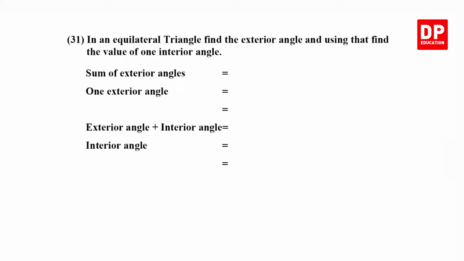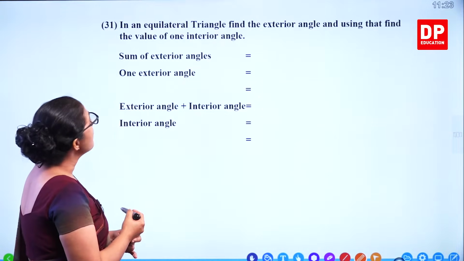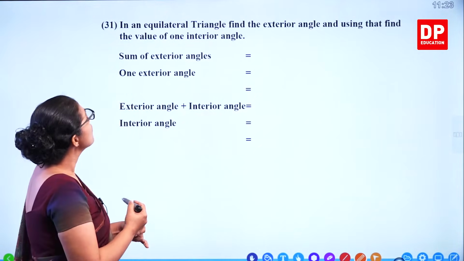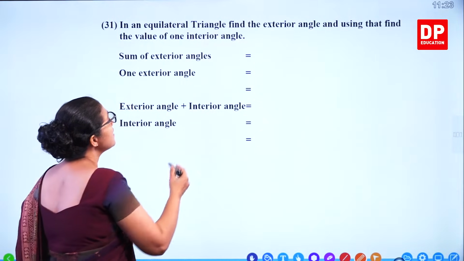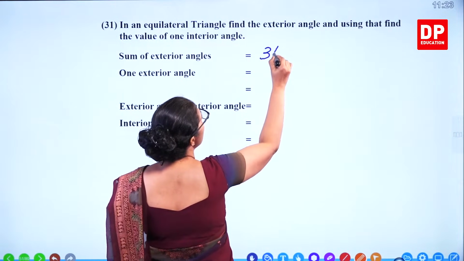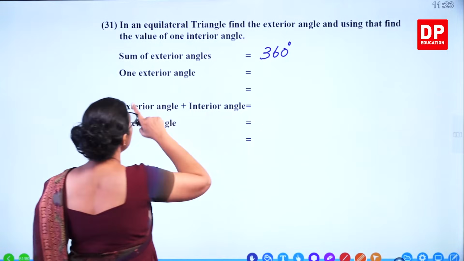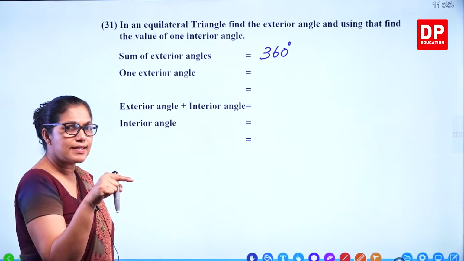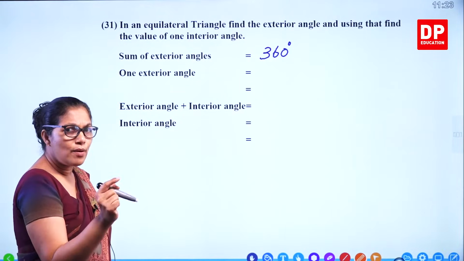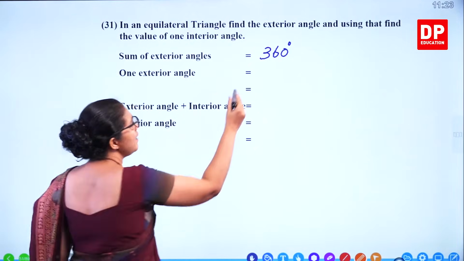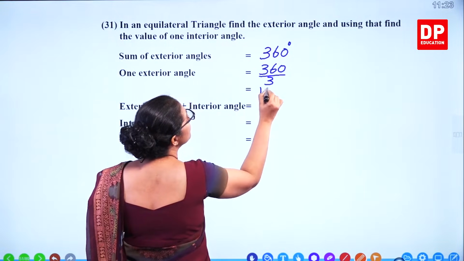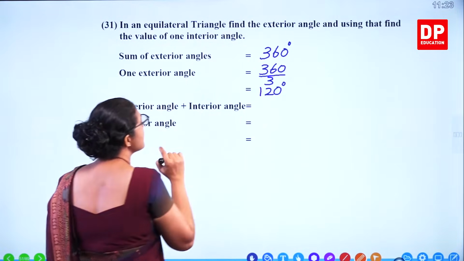In an equilateral triangle, find the exterior angle and using that find the value of one interior angle. So what is the sum of exterior angles? We know that's 360. What is one exterior angle? There are three exterior angles. If it's regular, all are equal, you can divide by 3. 120 degrees.